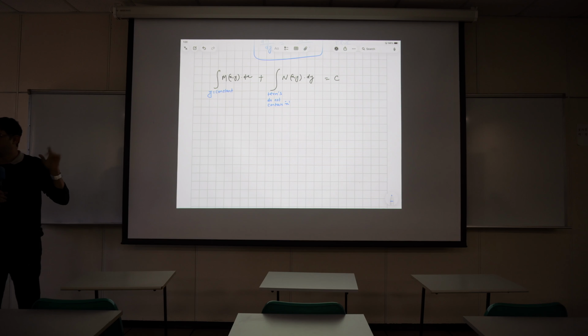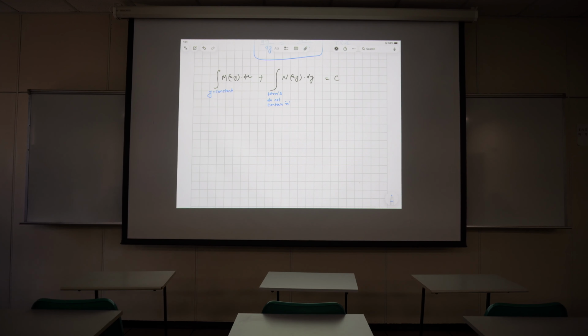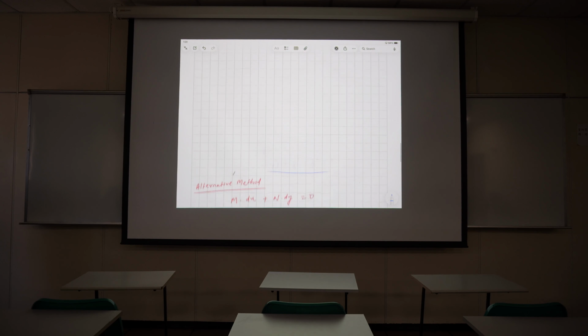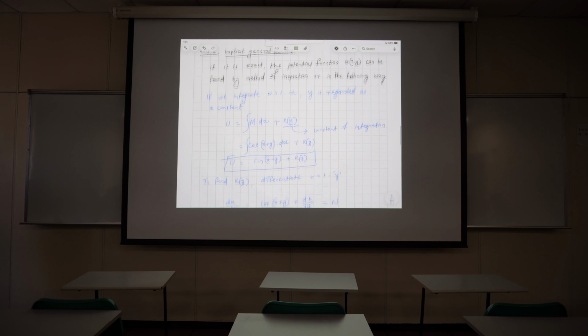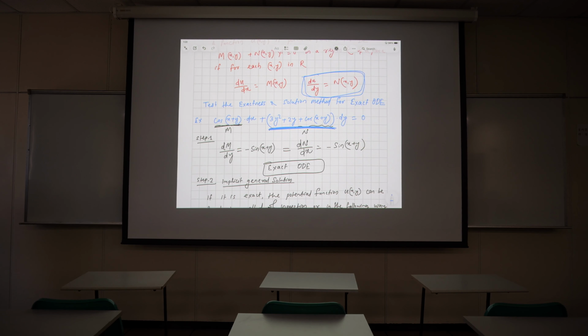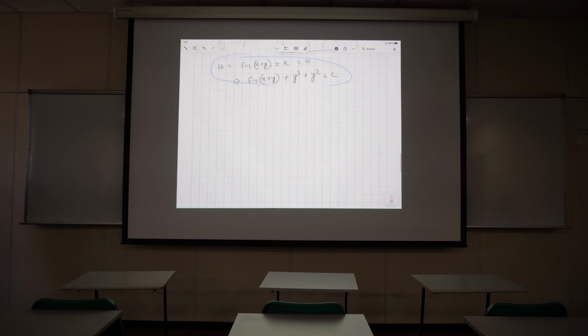Okay, not bad. So we will take the same example and apply it here, the same example we used in the previous case, and we will use the alternative method to solve the problem. So what is the example?